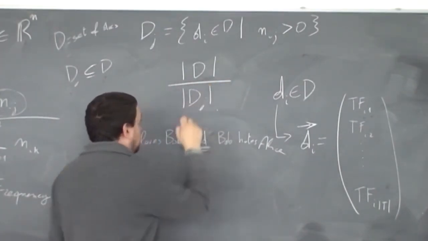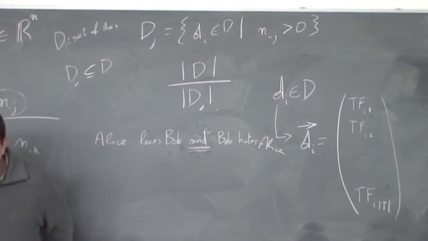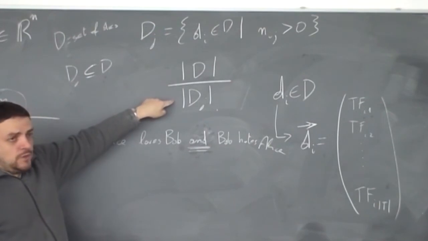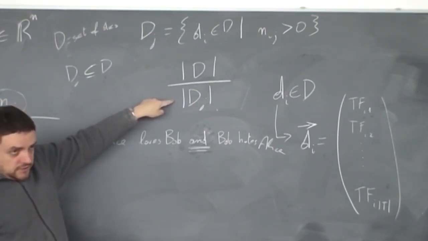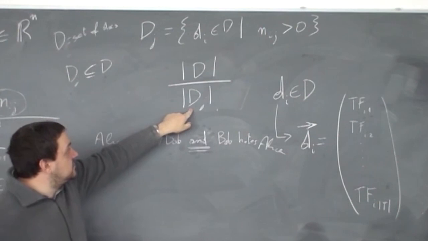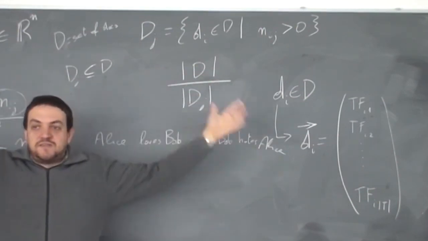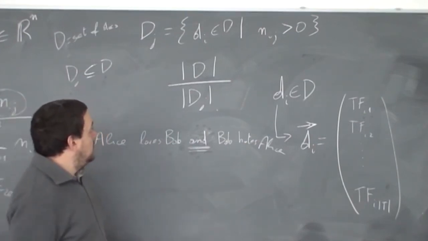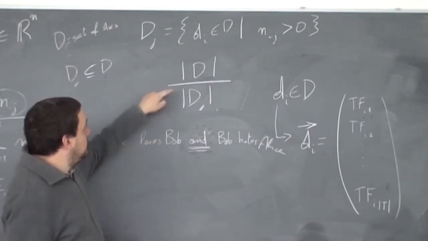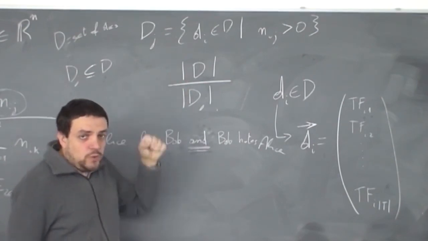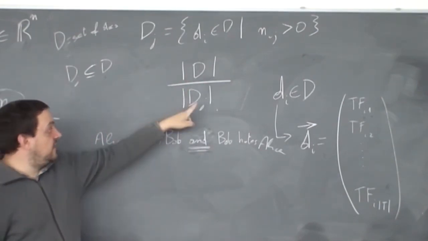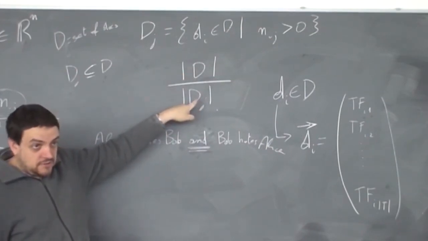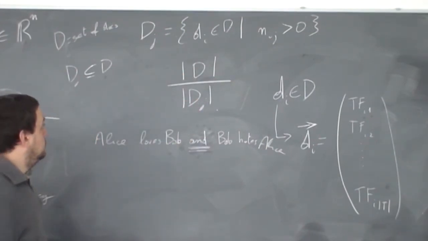I divide it by the number of documents that contain j. Of course, this ratio will always be larger than 1. Dj is always smaller than D because D is our universe. And it will be larger if the word is not common. So if I have few documents that contain word j, then this number will be larger.